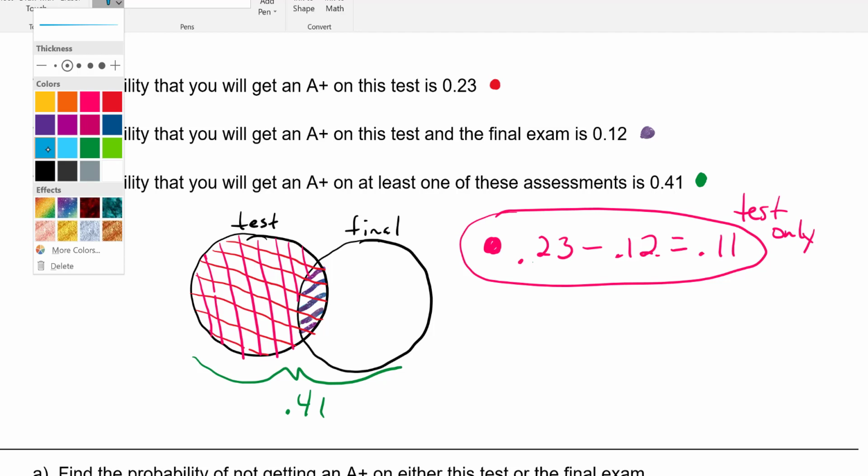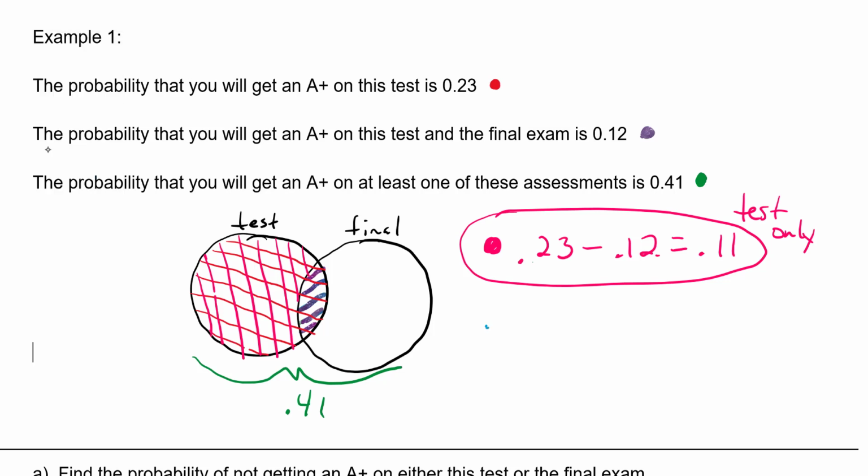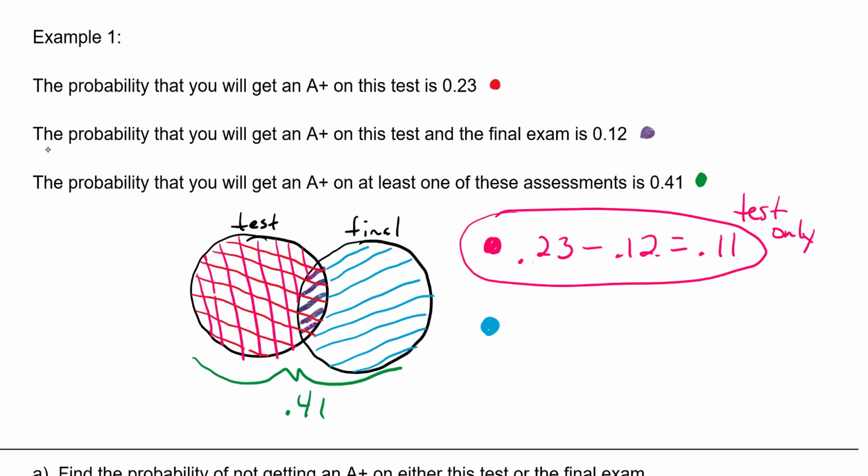Okay. And then, so if I want to do just the final only, it's going to be this guy here. This is going to be just the final only. Okay, by coming up with these different probabilities is going to help us solve the whole thing. All right. Anyway, that whole thing is going to be, do you agree? It's 0.41, which is the whole thing minus the whole test that I did.